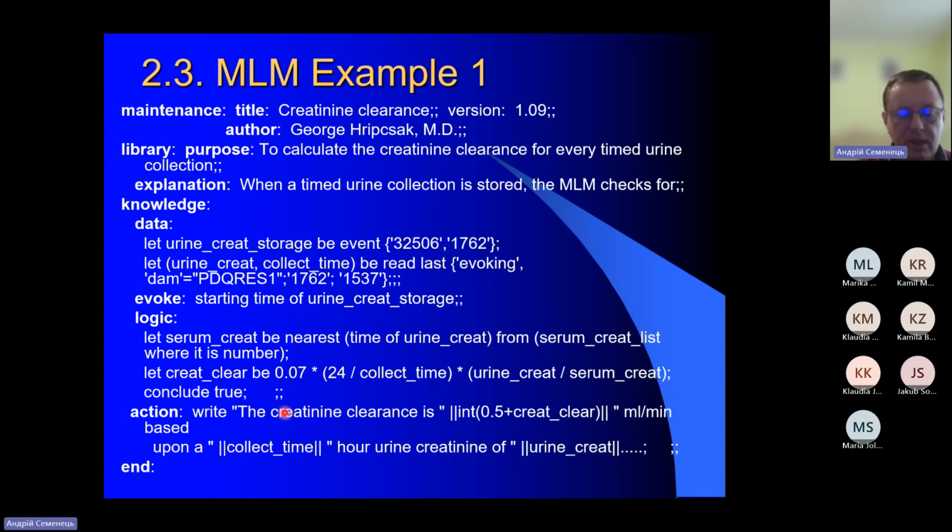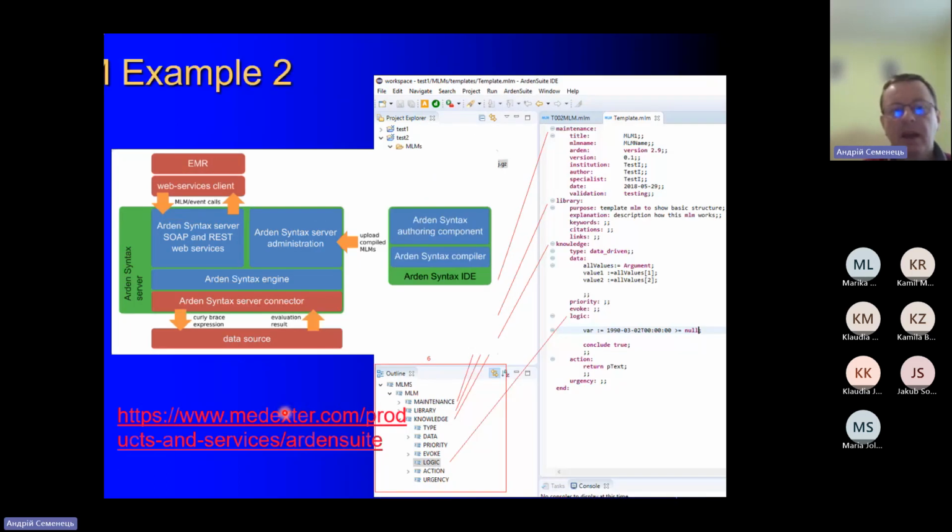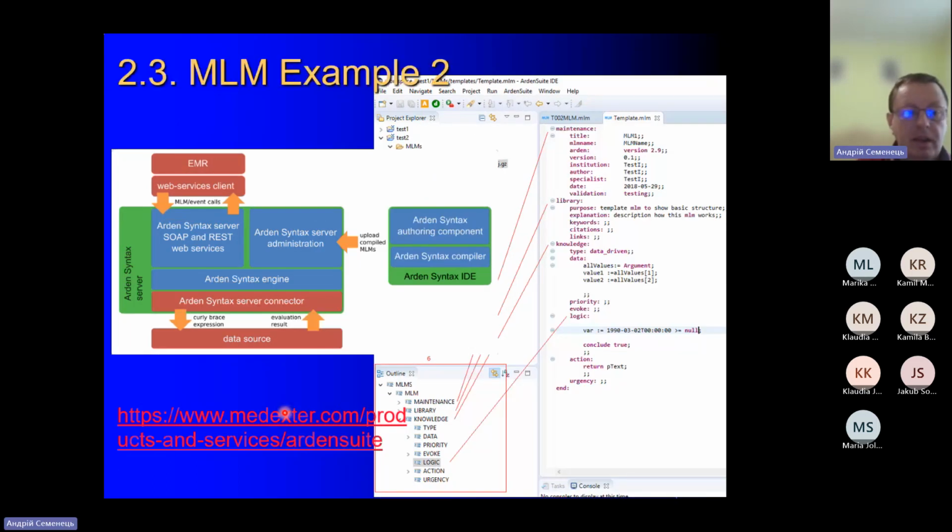So here is a good example of a diagnostic algorithm. And actually a lot of specific tools are available, for example, the Arden Syntax server, which assists a developer to create an MLM file, to create logic for an MLM file, and later use it in a medical information system.